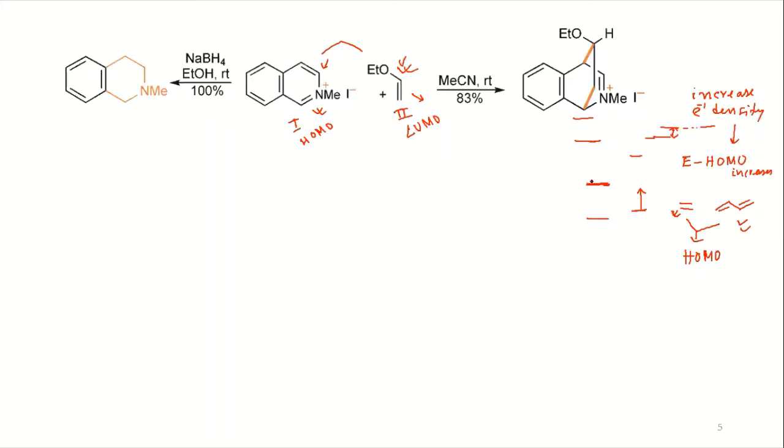This will decrease the HOMO level because you have less electron density. This will decrease the LUMO level. This will increase the LUMO level. Let me tell you in this way.